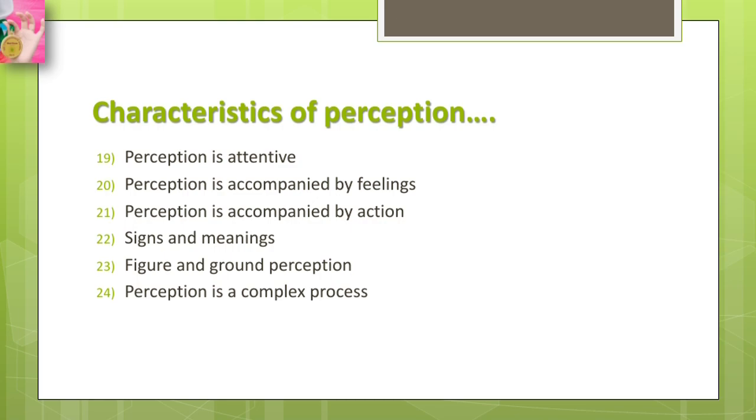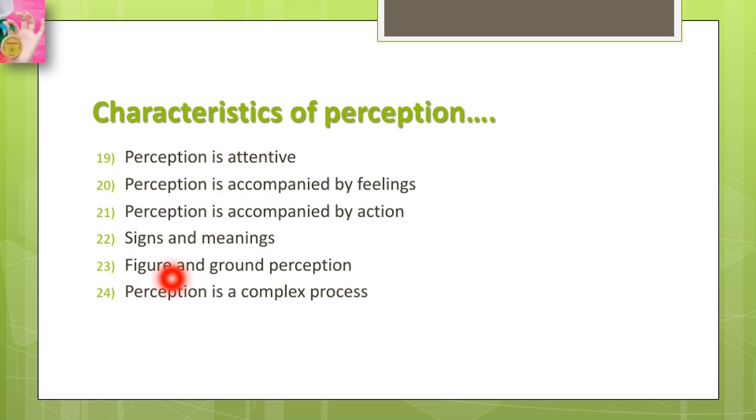So figure and ground refers to the most basic and elementary of all forms of perceptual structure. So we perceive an object as a figure in the ground, and we perceive a picture. For example, we perceive a picture on the page, so the picture is a figure and the page is ground.